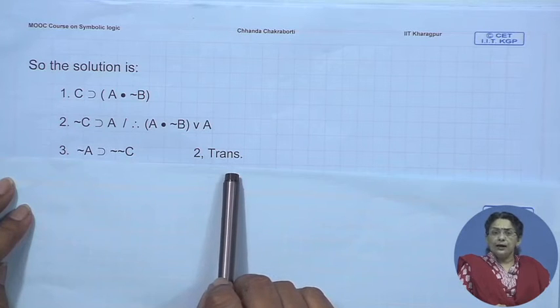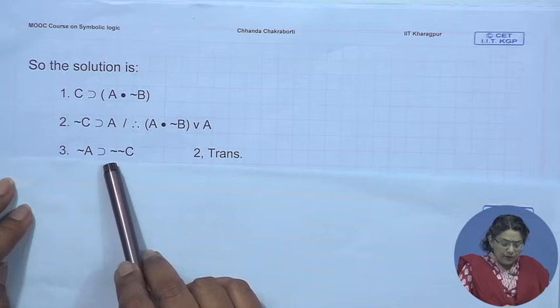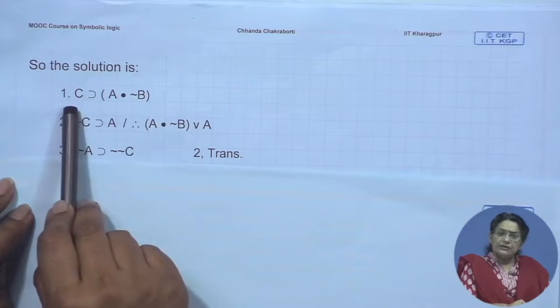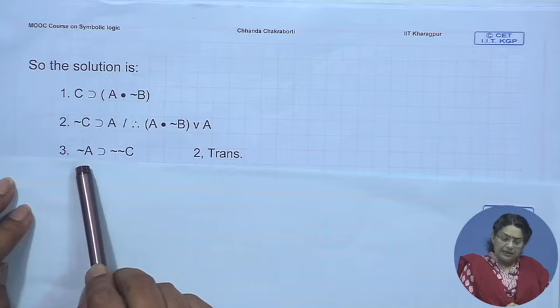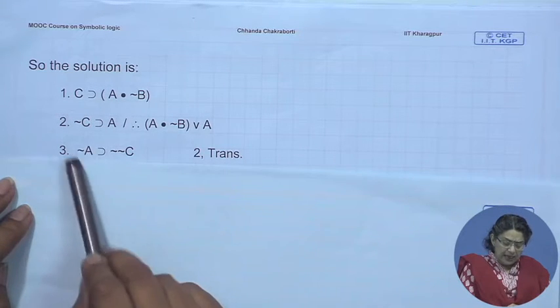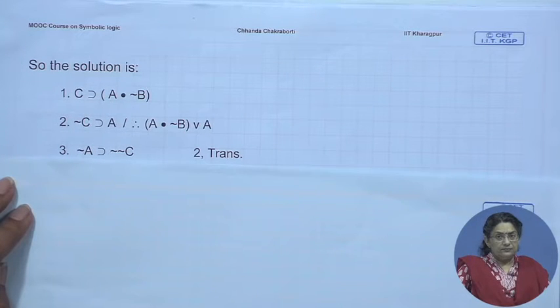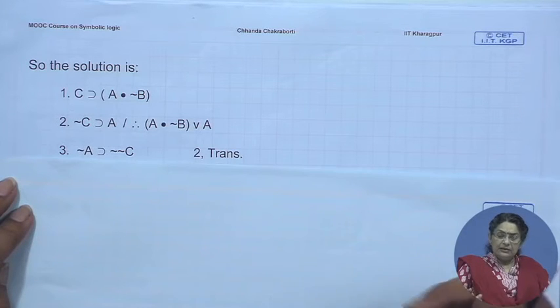I know why I needed to do that: my plan is to get this C exactly matching that C, so that I can then apply HS to get A and A dot not B out. That is the motive behind my using the trans.